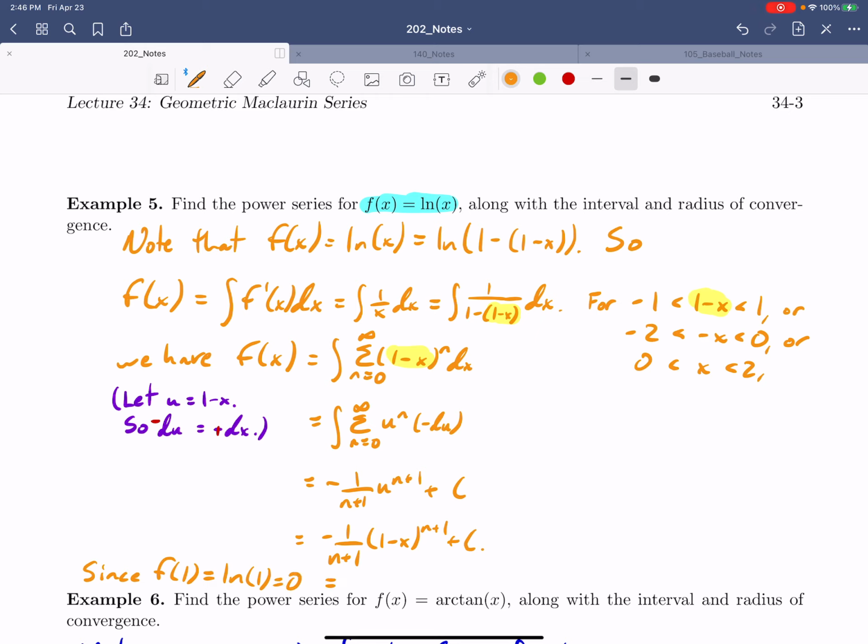But on the other hand, that really equals negative 1 over n plus 1 times 0 to the n plus 1 plus c. We have c equals 0.